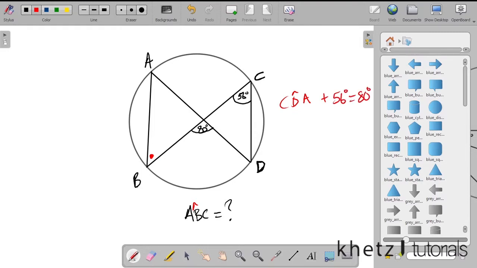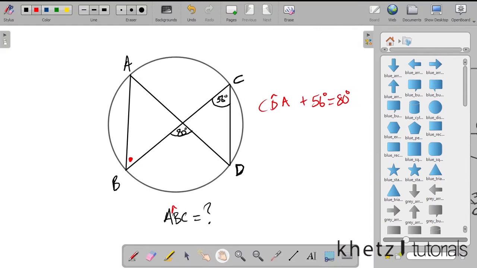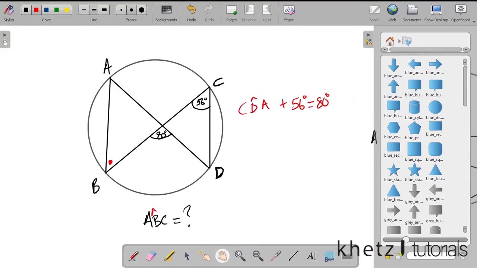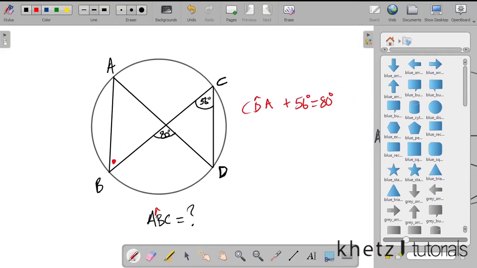And the reason for that would be that the exterior angle of a triangle is equal to the sum of the interior opposite angles. So this 56 and this angle here should add up to the exterior angle, which in our case is 80.